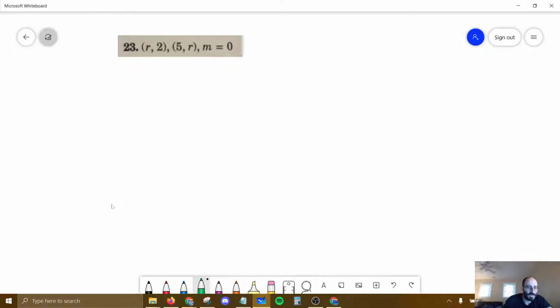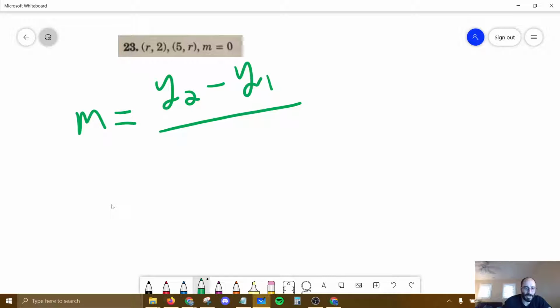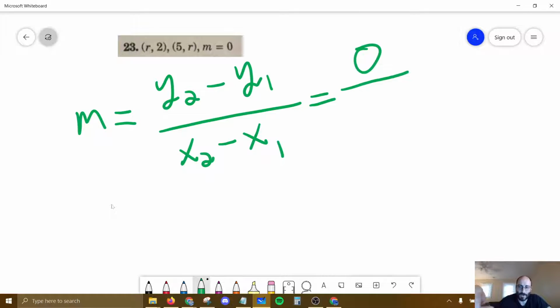When slope equals 0, m equals y2 minus y1 over x2 minus x1, that must mean the numerator is 0. If the denominator is 0, it's undefined. If the numerator is 0, you could do that. You could do 0 divided by something. You just can't do something divided by 0. Okay? So basically it's saying 0 over x2 minus x1.